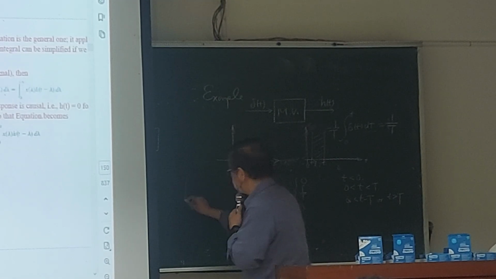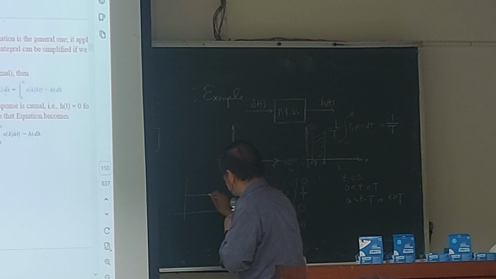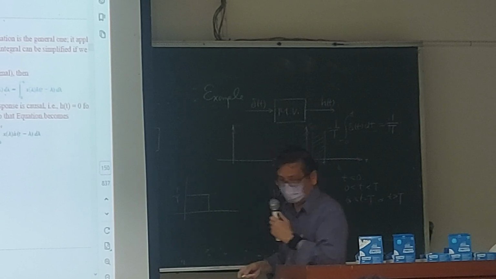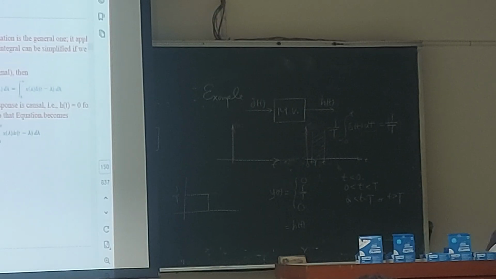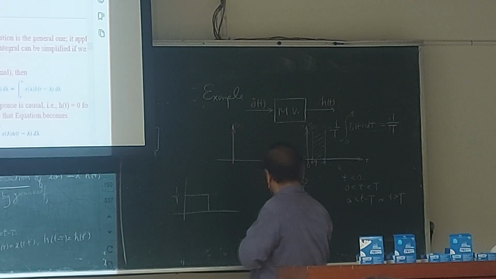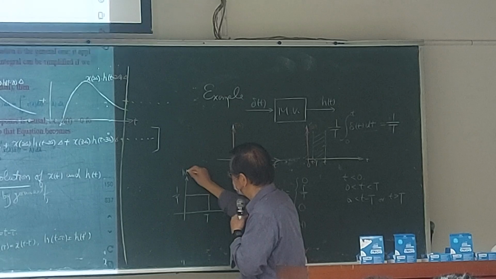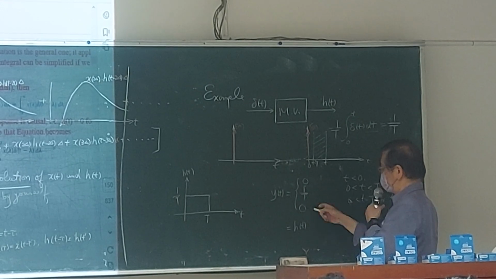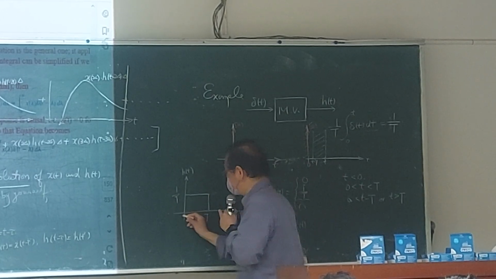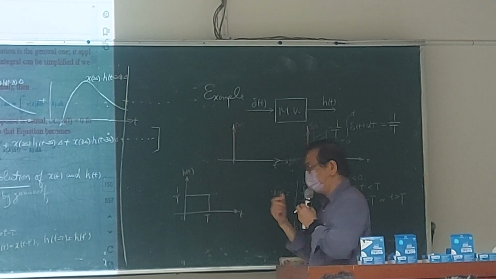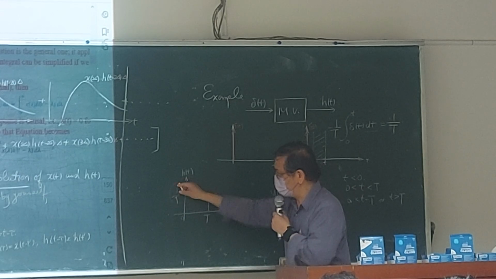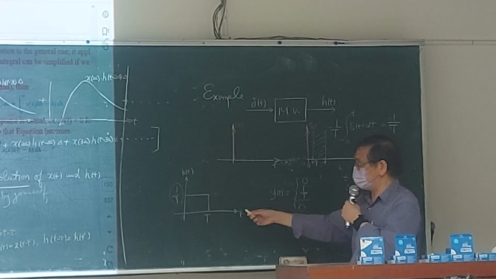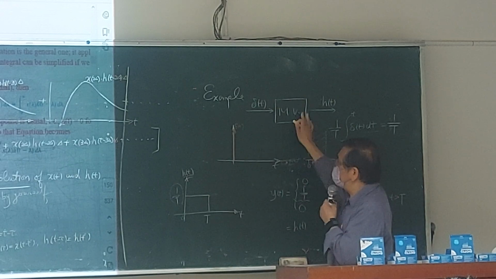So this becomes the impulse response. So the impulse response for this moving average is simply a constant, 1 over T, for T between 0 and the width of the window, capital T. And the function value is 1 over T. So this is the impulse response for the moving average.